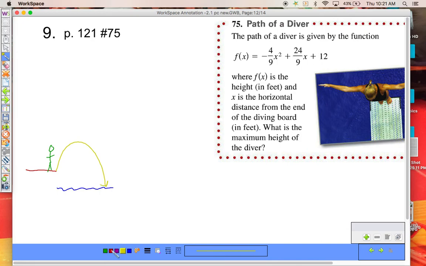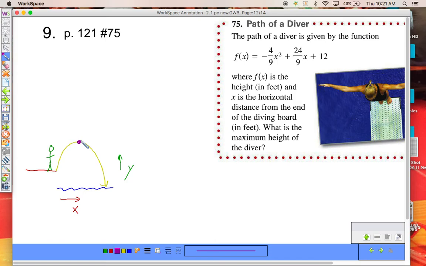Where your x value is how far you're away from the board, and your y value is how high you are. Your f of x is your height. Your x is how far you are. So what they want you to find is the maximum height. They want the y value of that vertex.